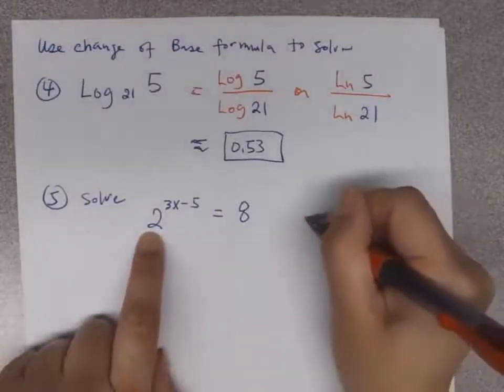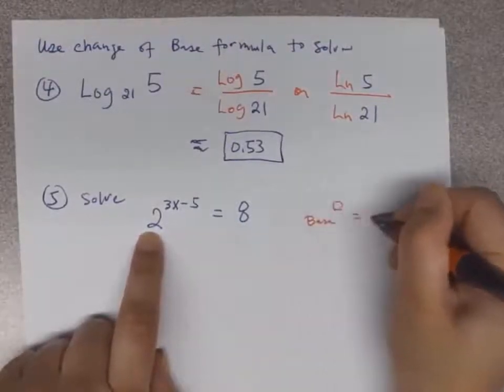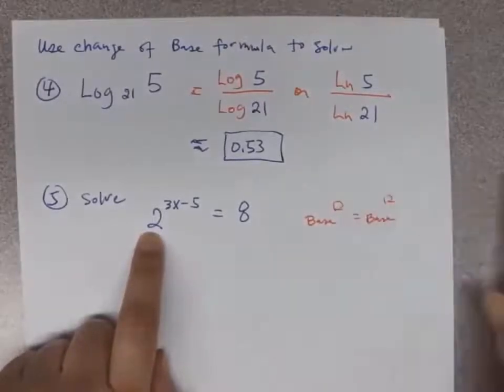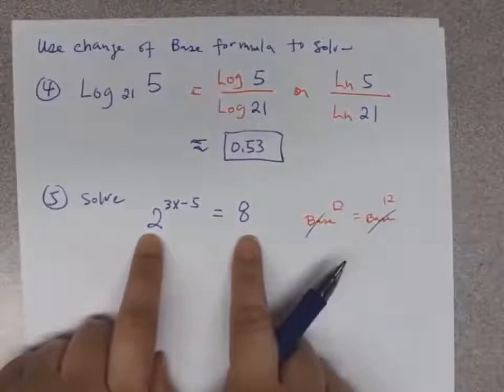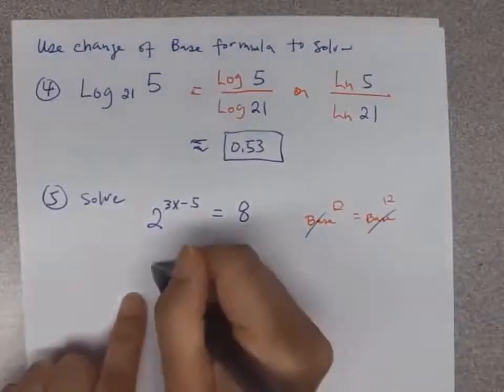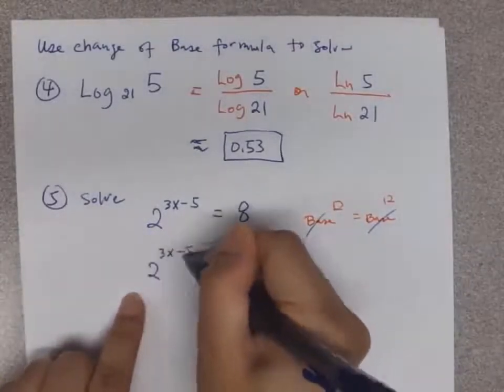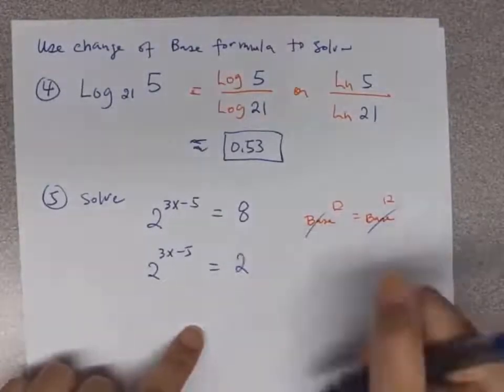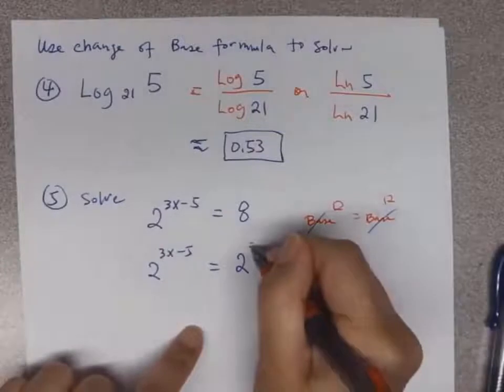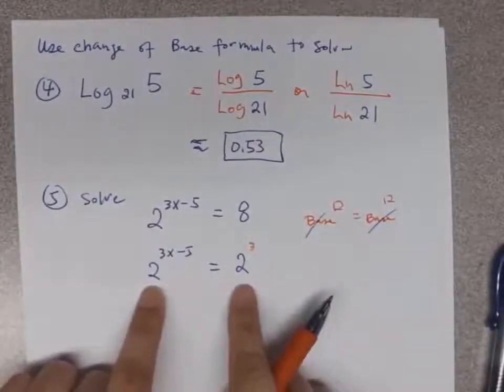Same base. So if I can get the same base on both sides, 1 on each side, then I can cancel the base. What would be a good base to change this to? 2. So this already has 2, so that's convenient. And 8 can be rewritten as 2 to the third power. So when you have the same base, 1 on each side, and they are the same, I can do what?